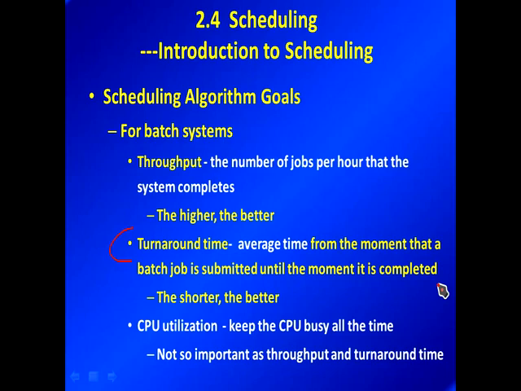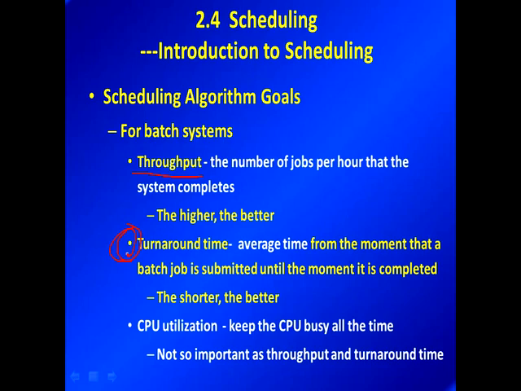Okay, and if you think about throughput, it's okay, but usually if we can get shorter turnaround time, we can get higher throughput. So basically, we just focus on this second criterion. It's enough.